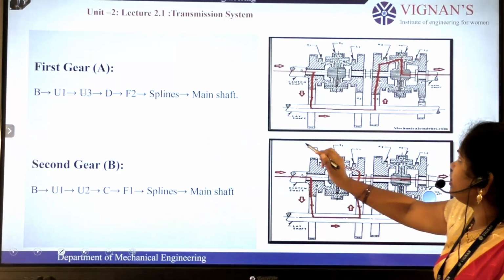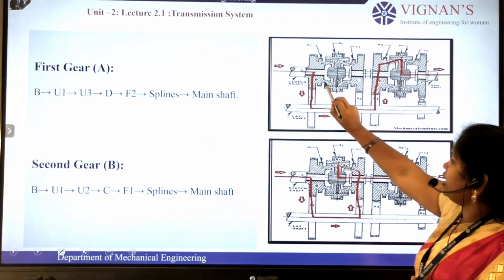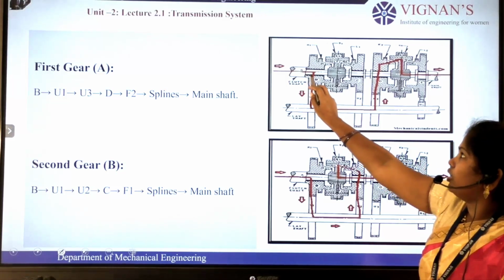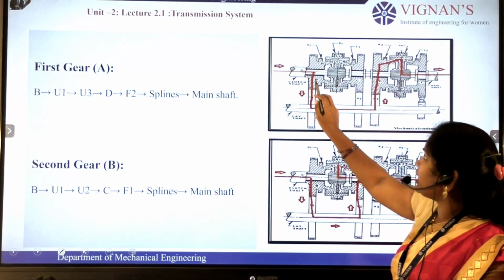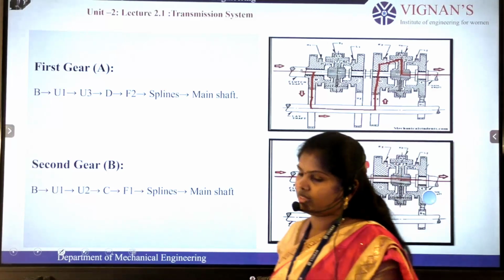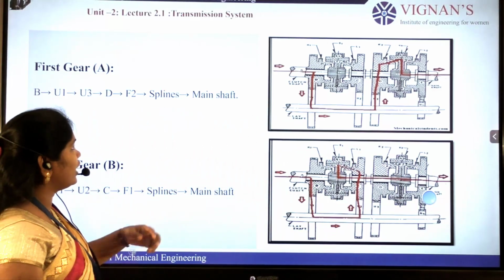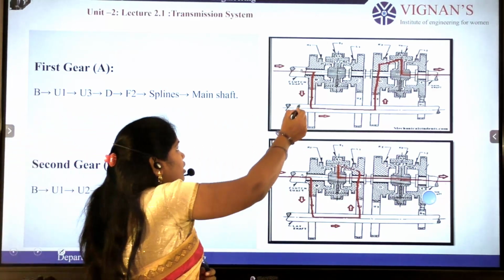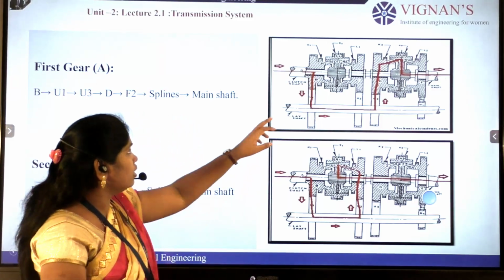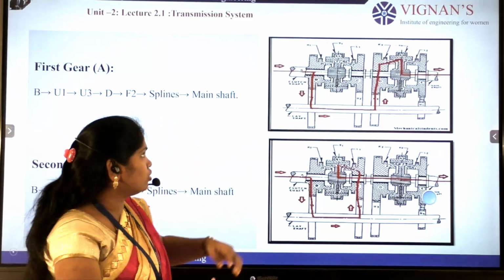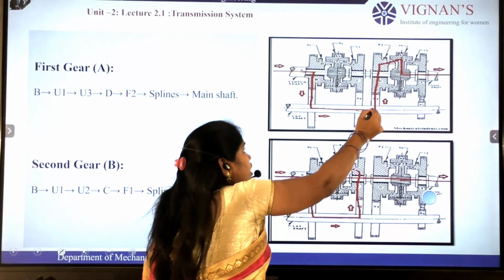Okay, so here this is the gear B. The input speed will get to gear B. Gear B transfers the power to the U1 gear. The same speed will go to the U3 gear.